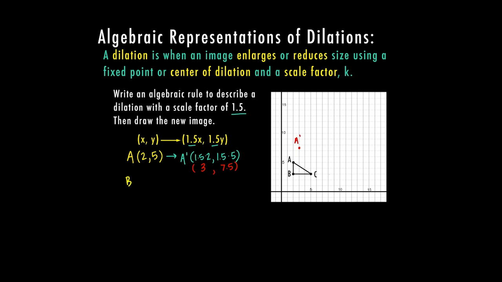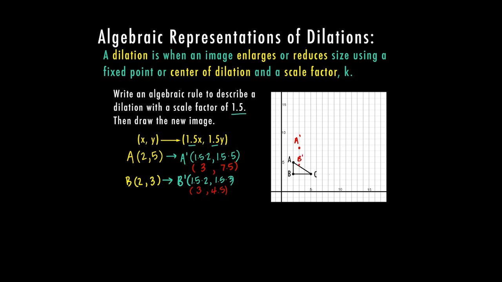My B is at (2, 3). My rule says for B prime, I'm going to multiply 1.5 times 2 and 1.5 times 3. I already multiplied 1.5 times 2 for my A, I got 3. 1.5 times 3 is 4.5. So my B prime is at (3, 4.5).